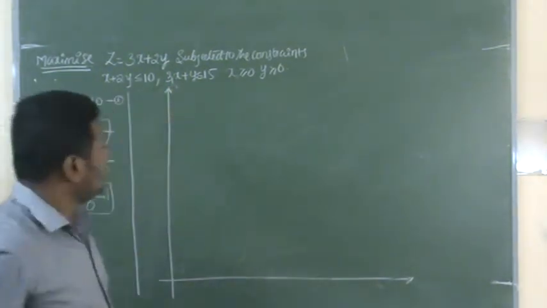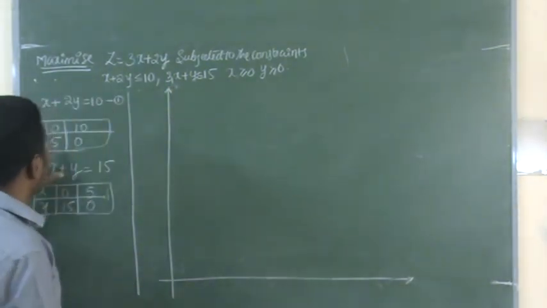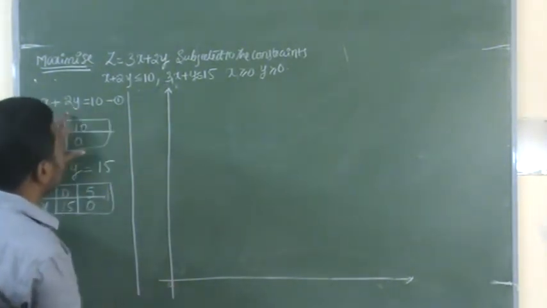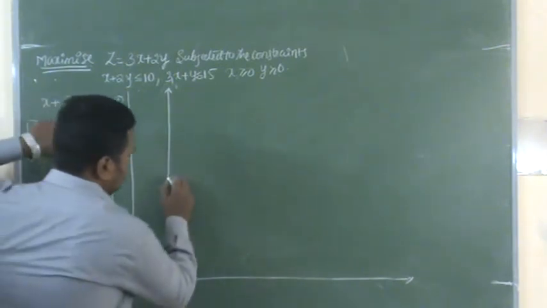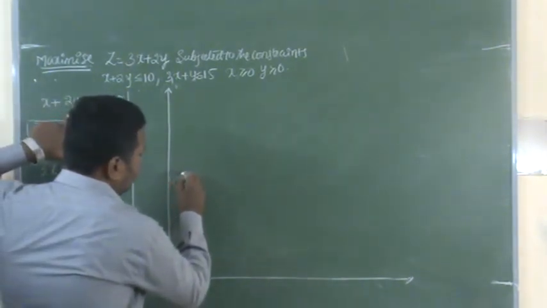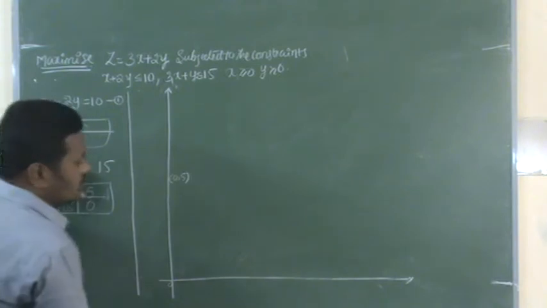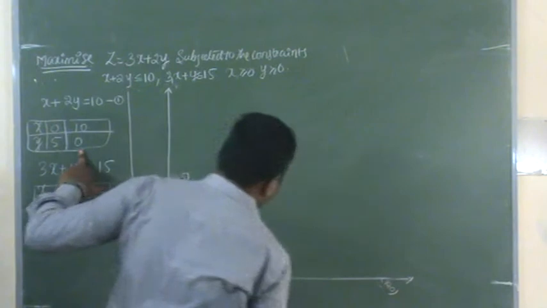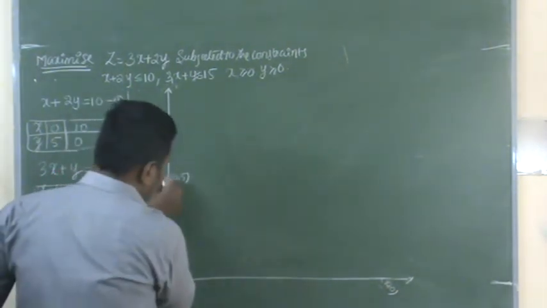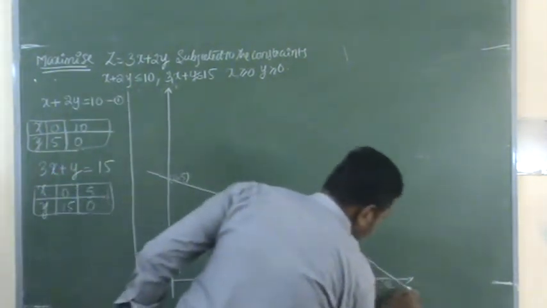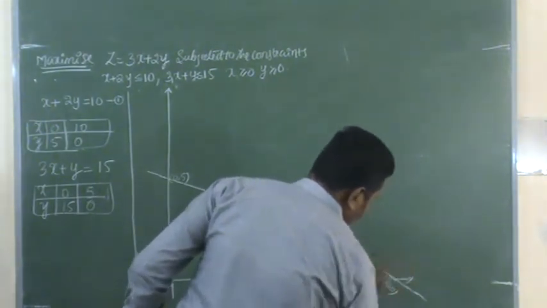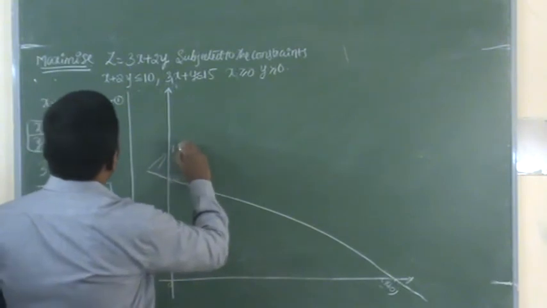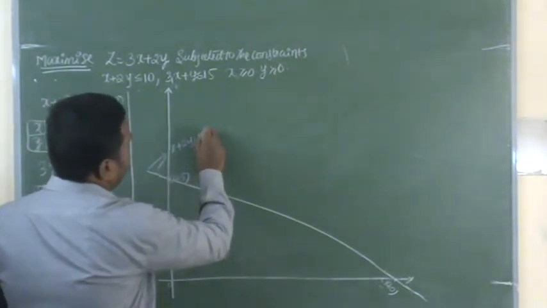So for the first equation, when x is equal to 0, y is equal to 5, so that is (0, 5), and the second point is (10, 0). This is the line for the first equation, x plus 2y is equal to 10.